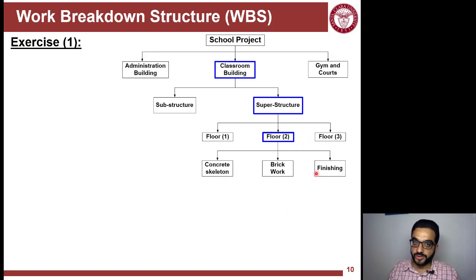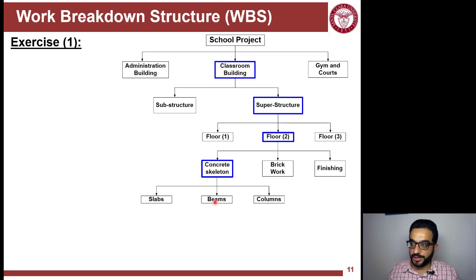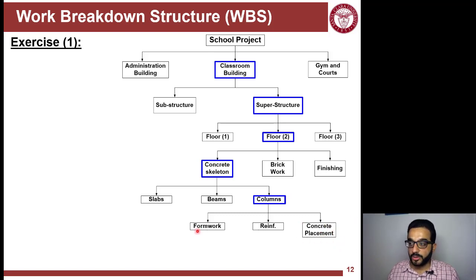Again, remember the description, I could have other systems included, but in the scope that's described to us, it has only these 3 packages. I can break down the concrete further: I have slabs, beams, and columns. Break down the columns further: formwork, reinforcement, and concrete placement. You see, formwork is a component, it's not a verb yet. Concrete placement, kind of, it's an activity.